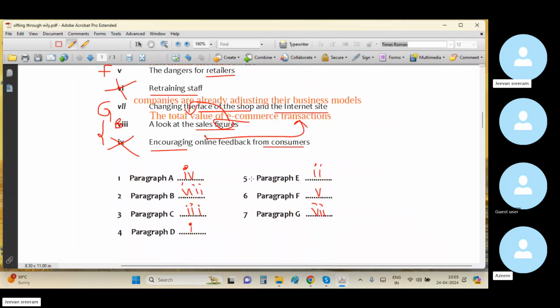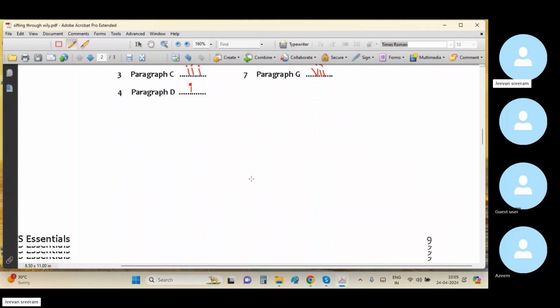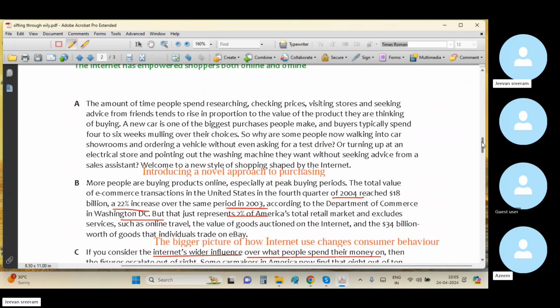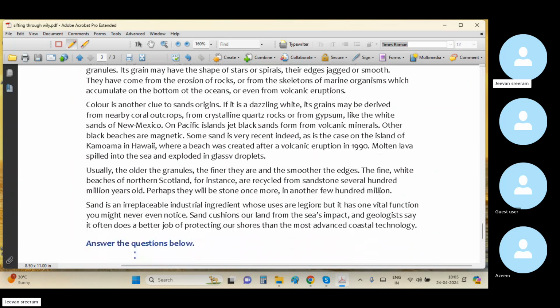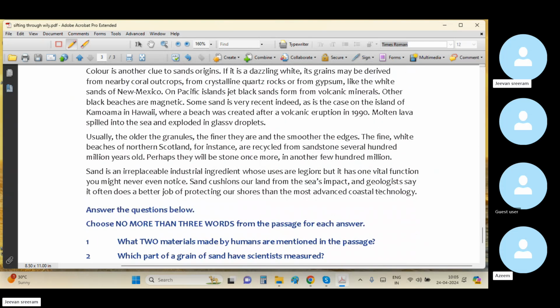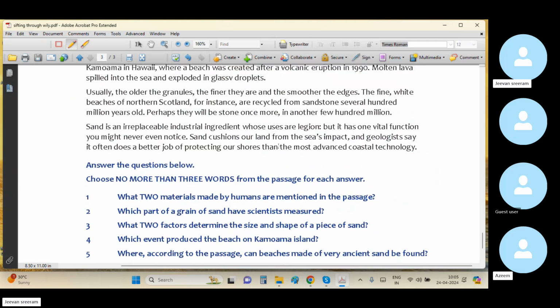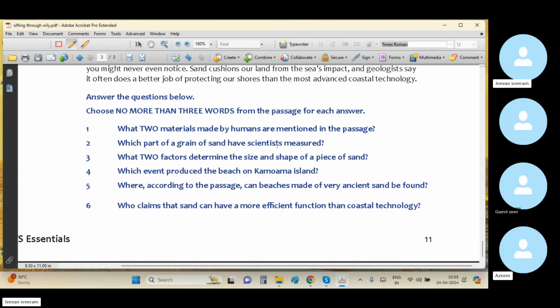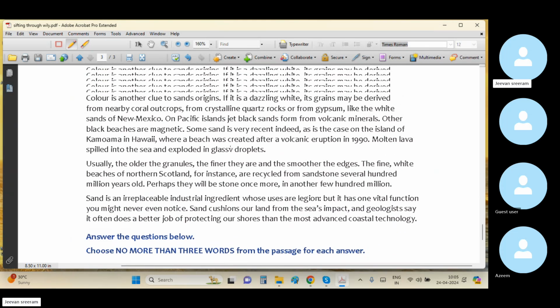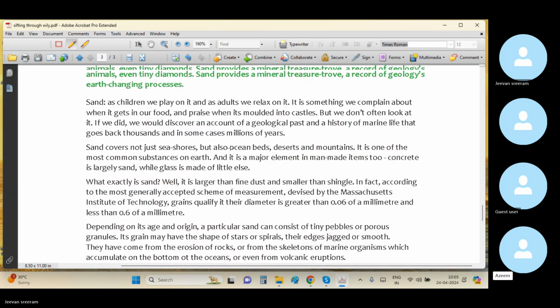And in the same passage, you can see another question, sifting through the sands of time, again based on the paraphrases. Try to follow the same method. This is also another easy passage. Attempt this with the same method, detecting the paraphrases. Is it clear, buddies? Yes.